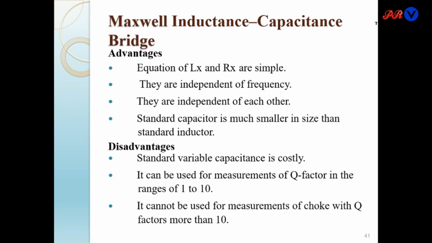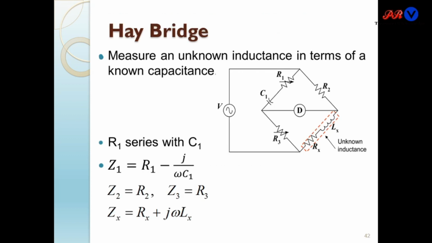Disadvantage: standard variable capacitance is very costly. It can be used for measurement of Q factor in the range of 1 to 10. It cannot be used for measurement of choke coils with Q factor more than 10. So these are the advantage and disadvantage of the Maxwell capacitance bridge.